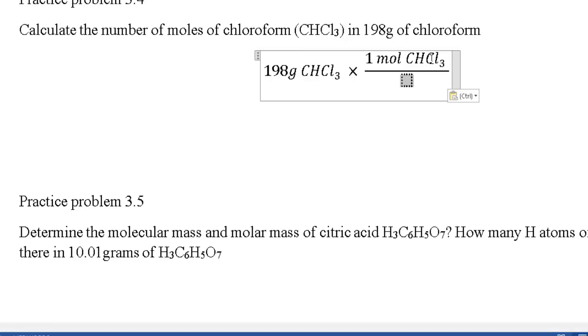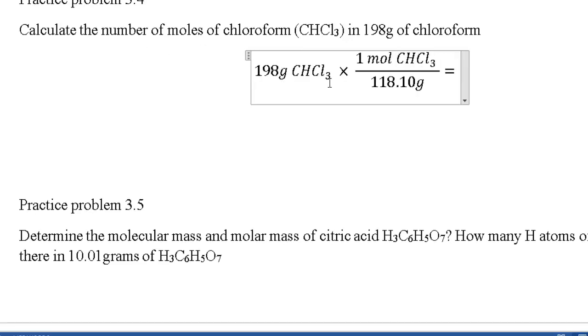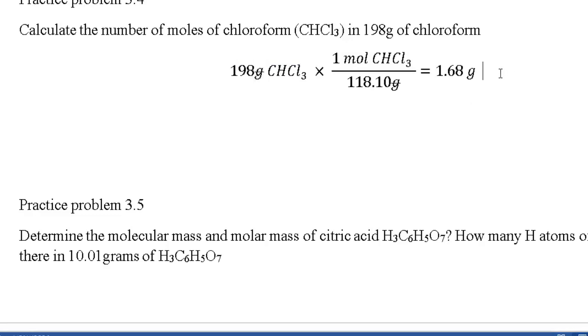If you're in a hurry, you can just say 12.01 plus 1.01 plus 3 times 35.01, and you'll get roughly the right answer. So about 118.10 grams, I rounded here, and then the grams of CHCl3 cancel out with the grams of CHCl3. So this will be 1.68 moles of chloroform. About 3 sig figs here, so I'll answer to 3 sig figs.